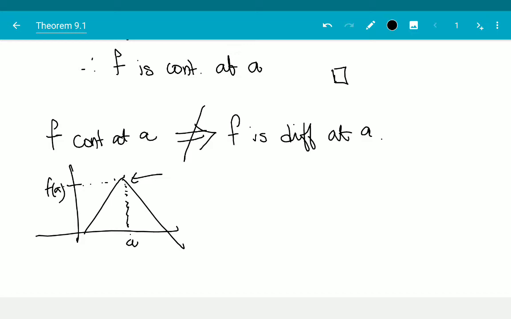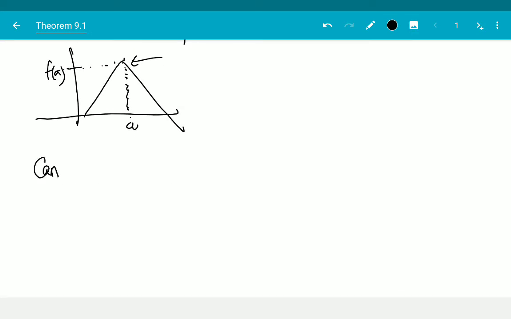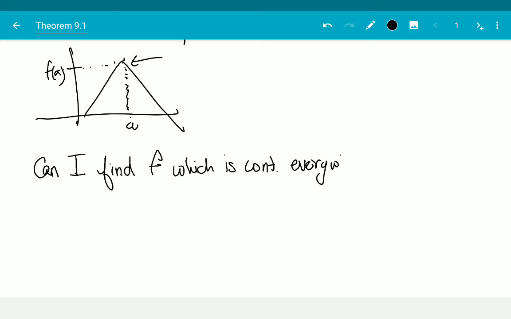Now, can I find a function f which is continuous everywhere but differentiable nowhere?